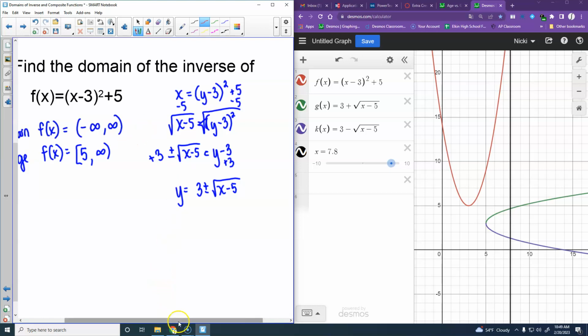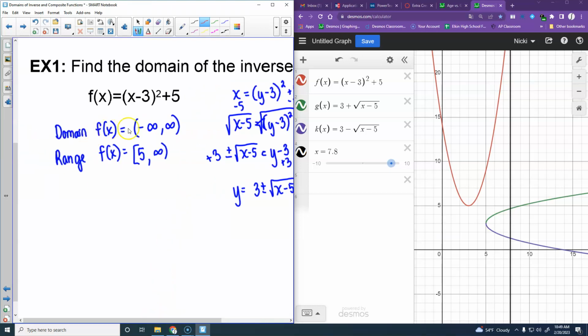Because I know that if my domain of f of x is negative infinity to infinity and my range is 5 to infinity, then my domain for f inverse of x is going to be 5 to infinity, and my range of f inverse of x is going to be negative infinity to positive infinity.